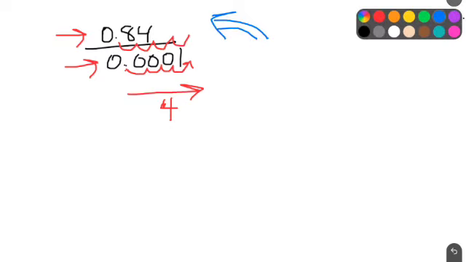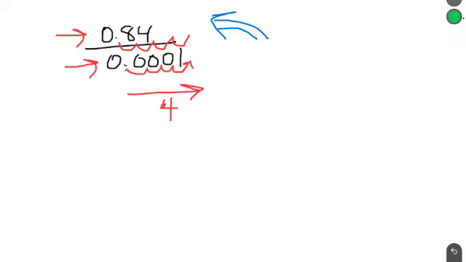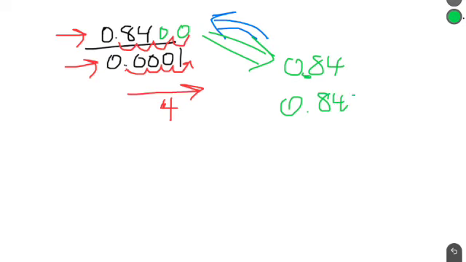So what's actually happening there, or what we're going to do in that situation, is assume that there are zeros here to allow the decimal point to continue moving, because in actual fact, 0.84 can be the same thing as 0.840000.